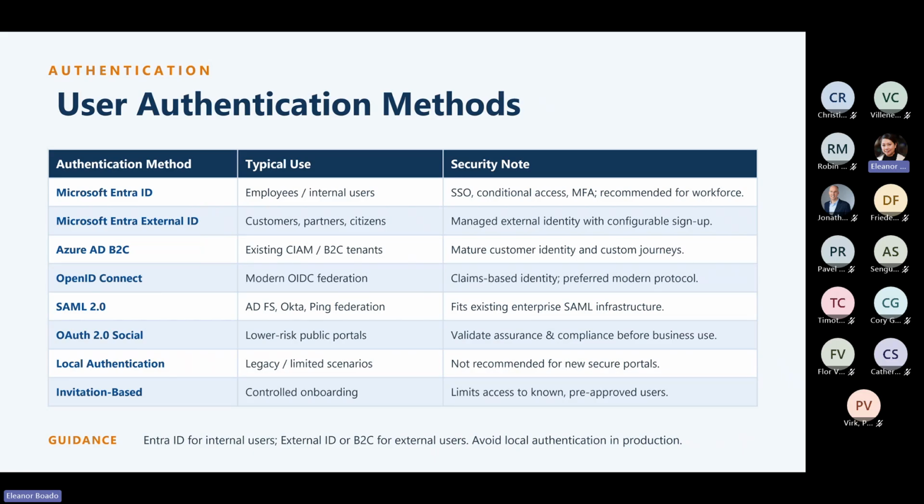You can still configure it on your Power Pages, but again, it's not recommended to use it, as there are other IDPs that you can configure in your pages, so it's easy. You can use Google, Facebook, LinkedIn. That's why it's not recommended to use local authentication, because that means you're storing all your contacts and their passwords within your portal, right?